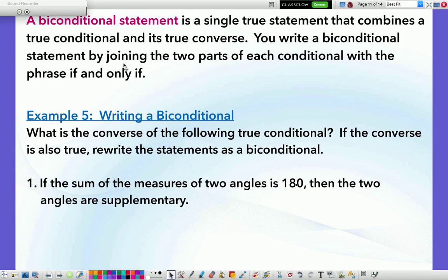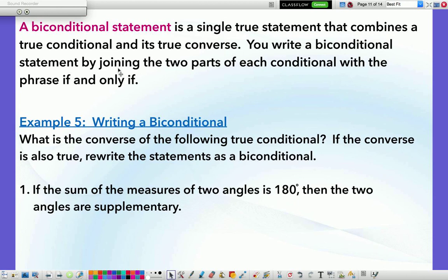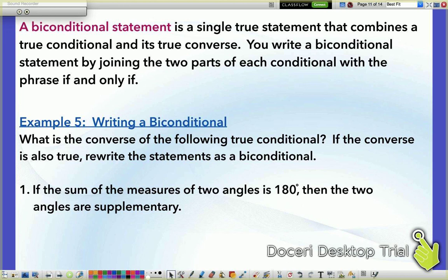Okay, so this goes into a sentence. You no longer have the if and then. So the if and then are gone. I see students trying to write if this is this, if and only if this, then.